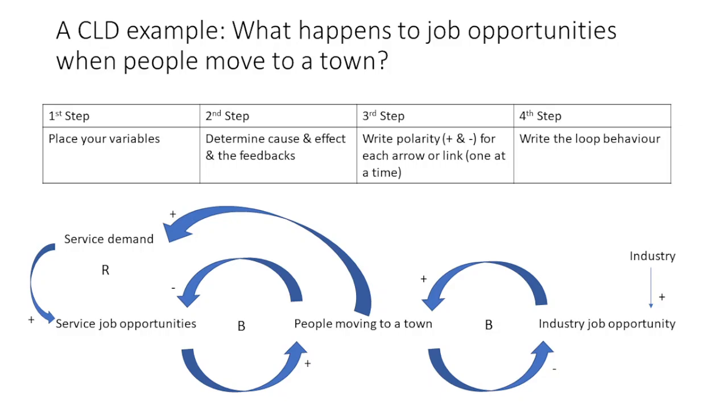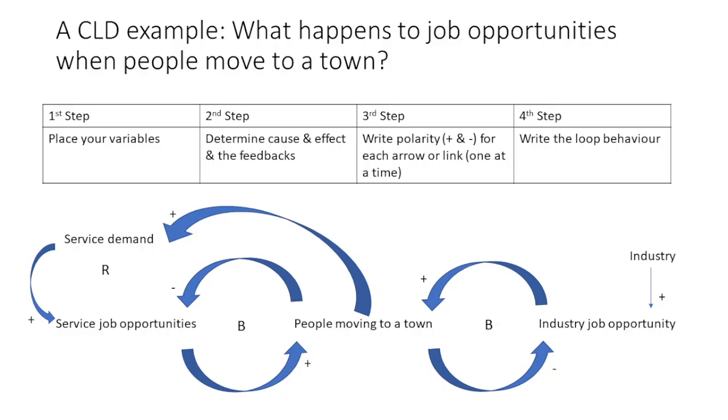Now, when the service job opportunities increase, it feeds back to people moving to this town, and this causes more people to flood to that town. People moving to town also take jobs in the service sector, and this reduces the number of service job opportunities that are available in that town.